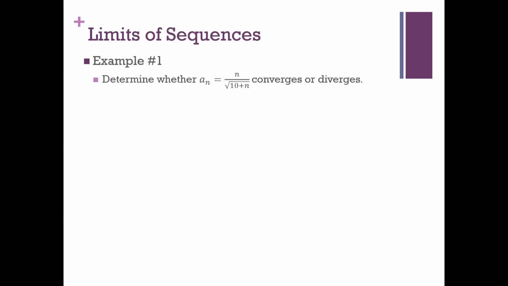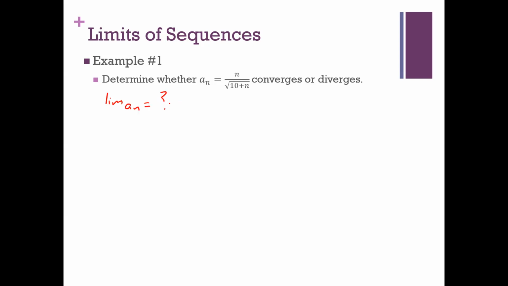All right, so I have a sequence here. I need to know if this converges or diverges. First of all, if I want to know if a sequence converges, what's the thing I'm really investigating? Does it have a limit? So yes, I'm looking for this limit, right?